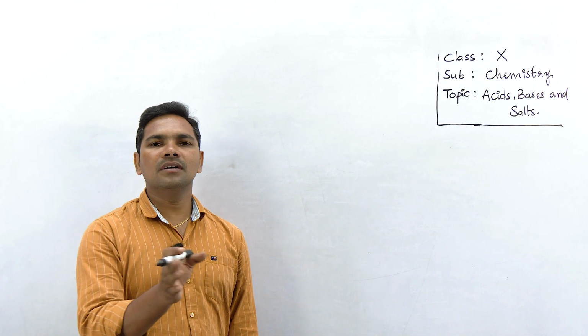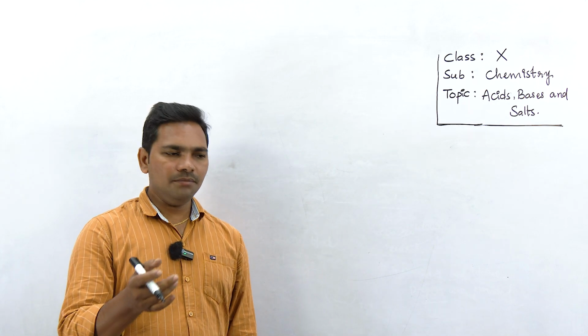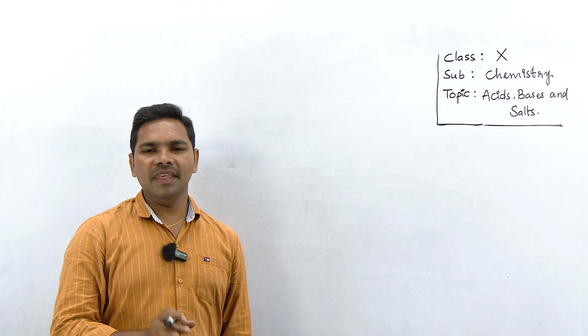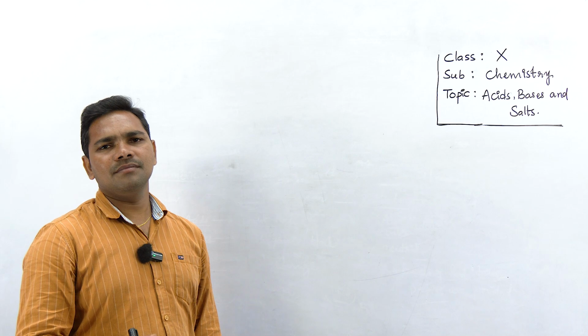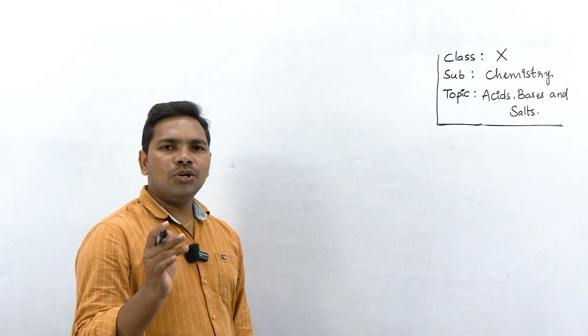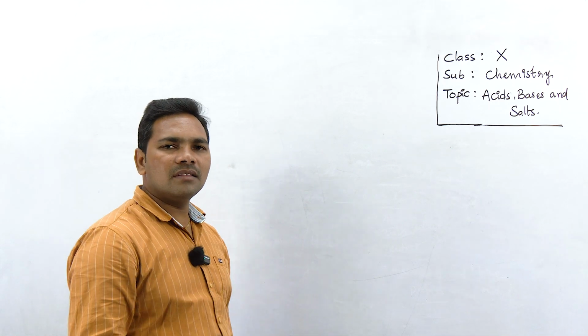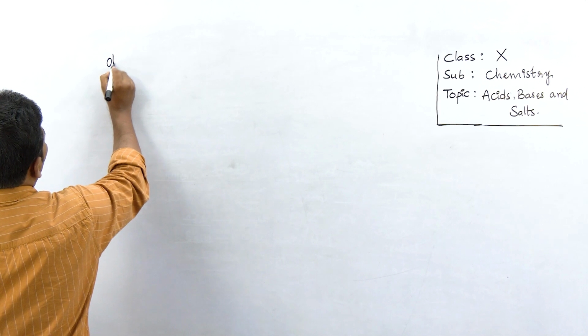But how about people who are blind or semi-blind? They cannot identify the change in color in order to identify the nature of a solution. To help them understand the nature of a solution, we have another indicator called the olfactory indicator.